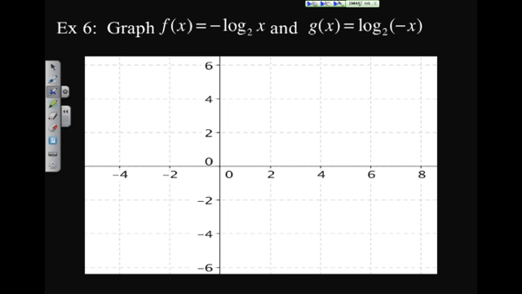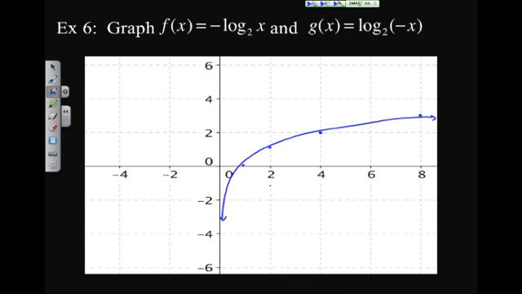So now we want to graph f of x equals negative log base 2 of x. So if you remember, log base 2 of x looked like this. I'll try and quickly sketch it. So this is the original. What's going to happen when we put a negative in front of it? It gets reflected.